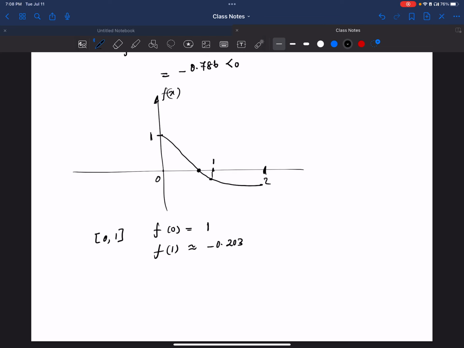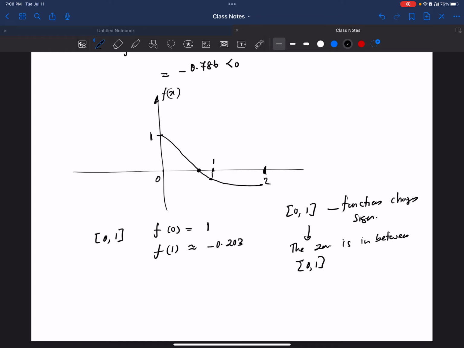So at 1 it is also negative. So within the interval 0 to 1, the function changes sign. Therefore, the 0 is in between 0 and 1, in this interval.